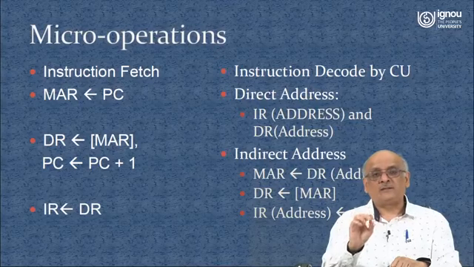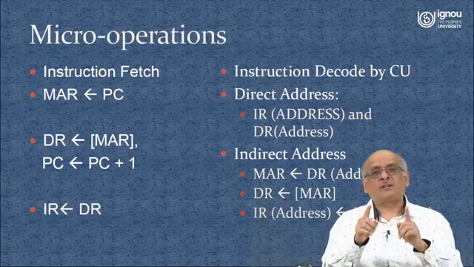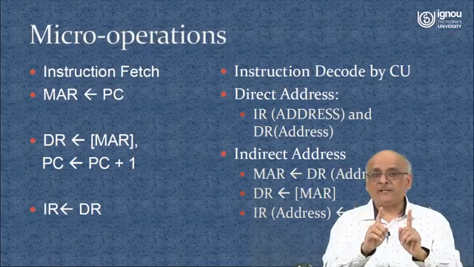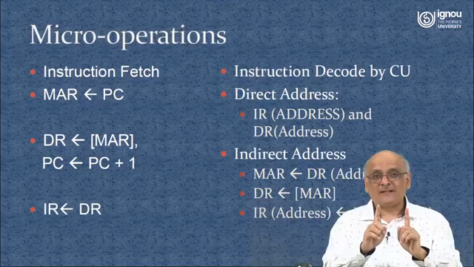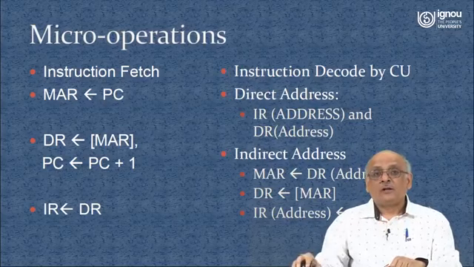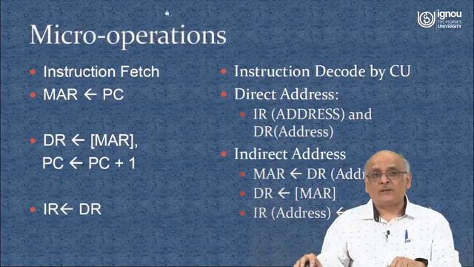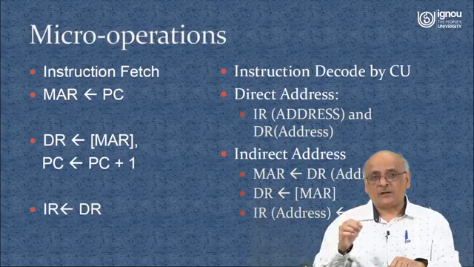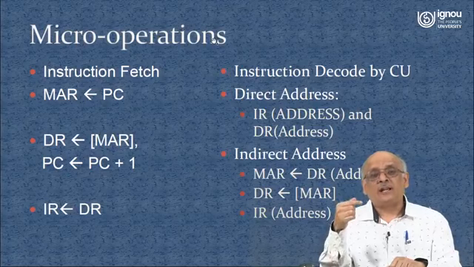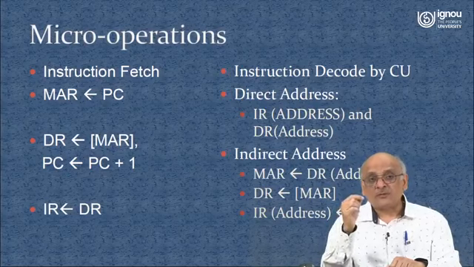Now think of this instruction in a very simple manner. Where will this instruction be residing? In the memory. It cannot reside anywhere else. If I want to execute an instruction, I will require step-by-step execution of operations. This is very important for you to learn.